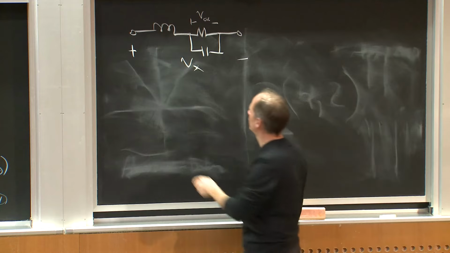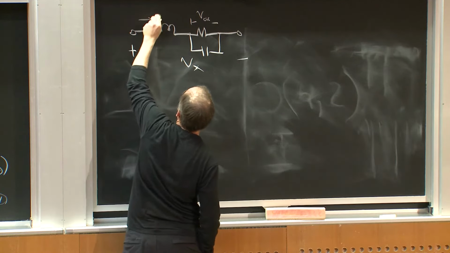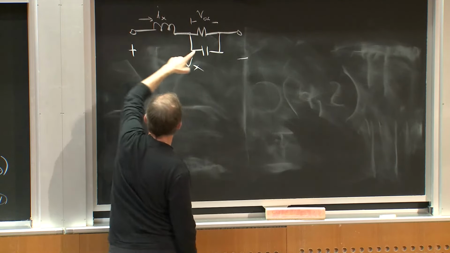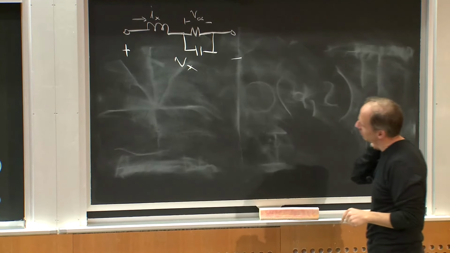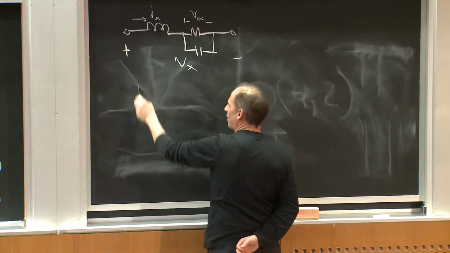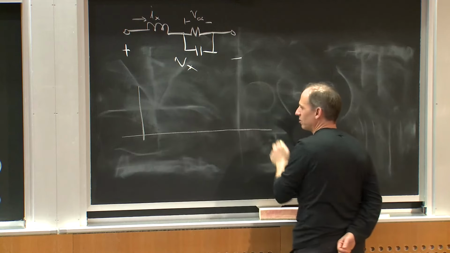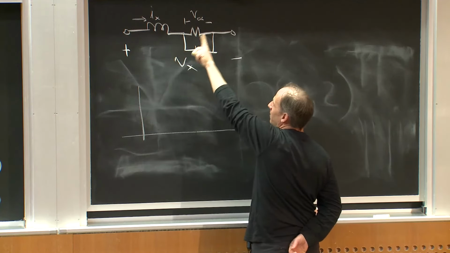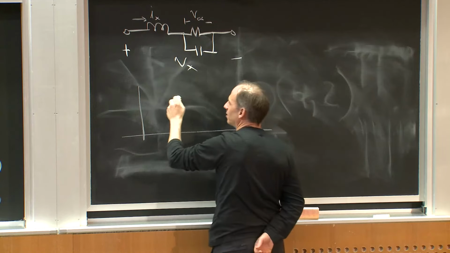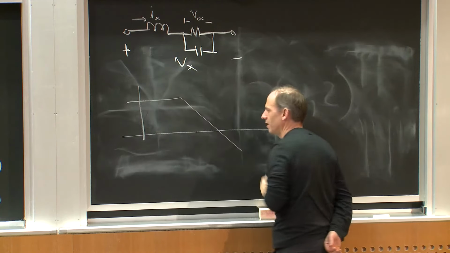Or in some cases, I might care about IX, which is also related to Vx by some filtering. It depends what I'm interested in. But what I can think about is taking some values of Vx and then running it through a filter transfer function that might be VAC over Vx. And maybe I can make it look like some cutoff, right?